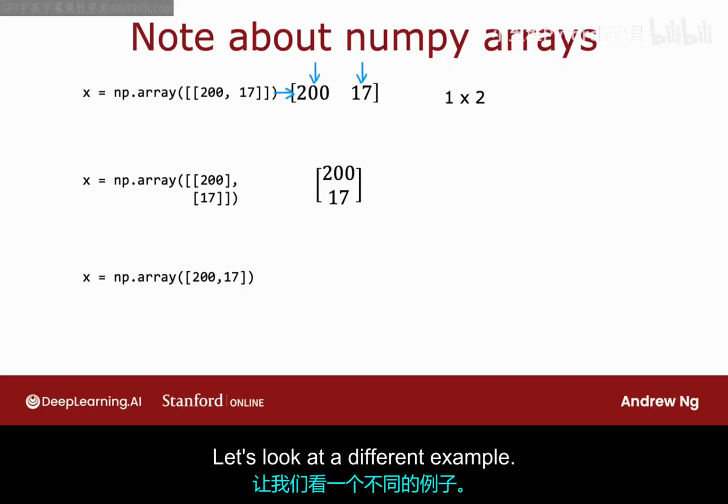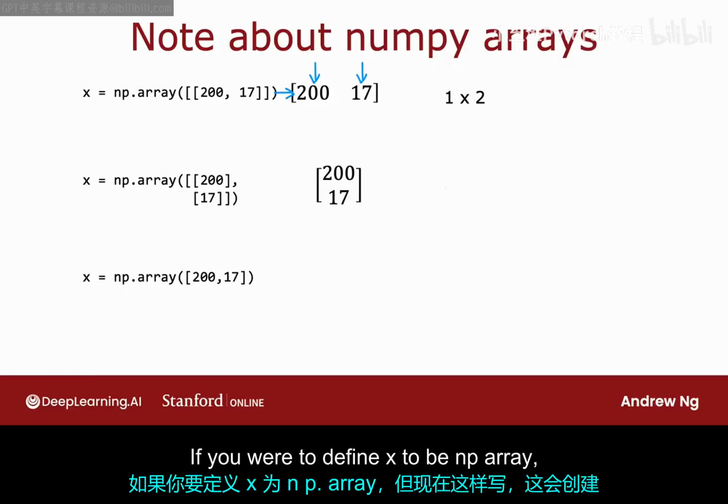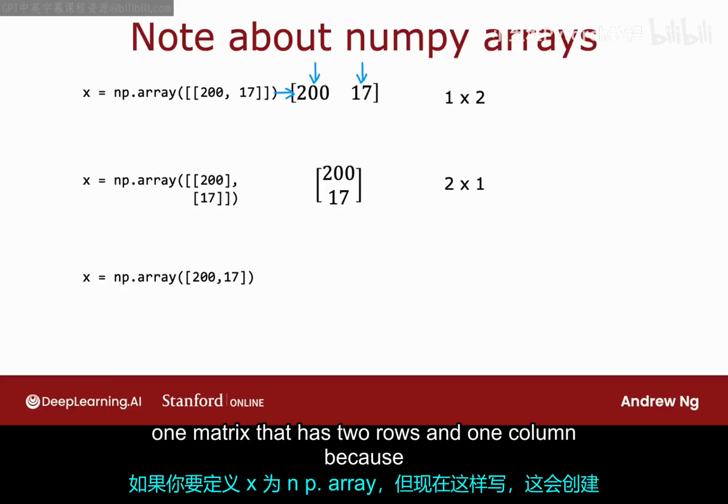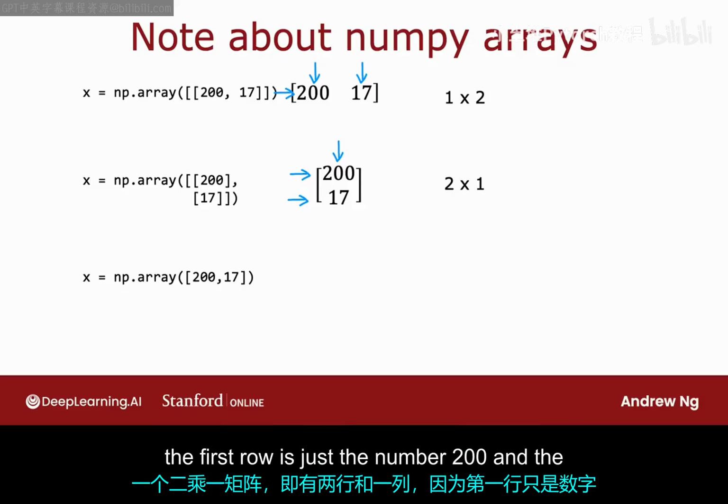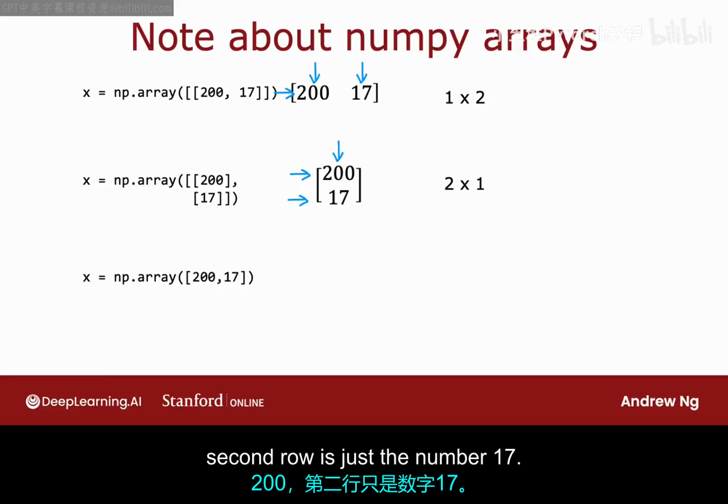Let's look at a different example. If you were to define x to be np.array, but now written like this, this creates a 2 by 1 matrix that has 2 rows and 1 column, because the first row is just the number 200 and the second row is just the number 17.